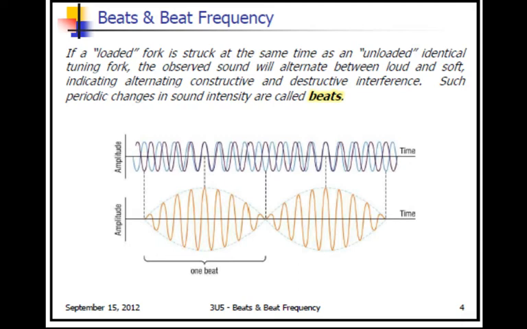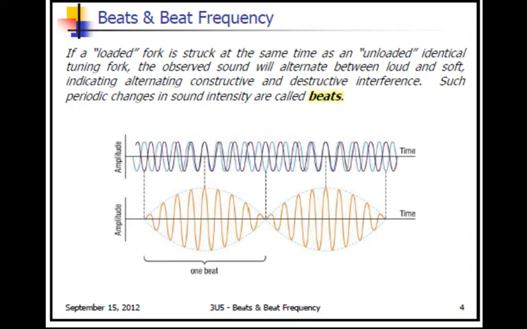If we have two tuning forks and we load one tine of the fork, let's say we put a plasticine or a rubber band on one of the tines, and then we strike the tuning fork, what would happen is we would have periodic changes in the sound intensity. That would produce what we call beats. And you can see with this waveform here what a beat would look like.